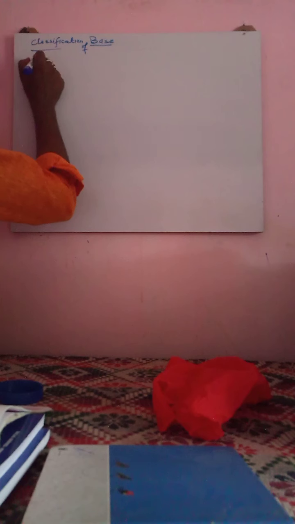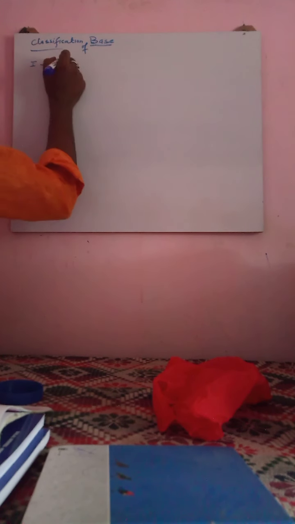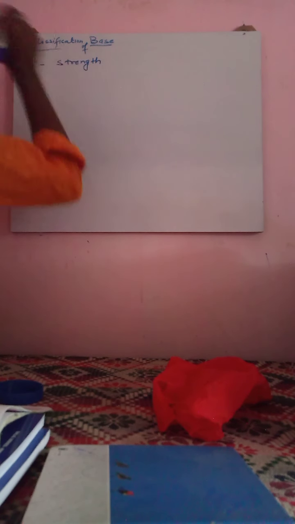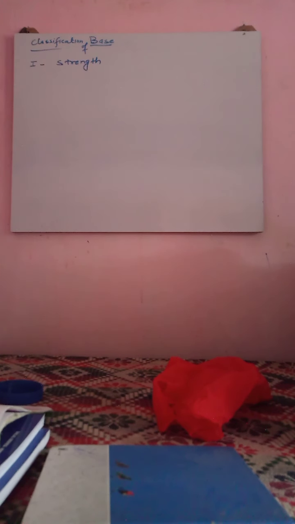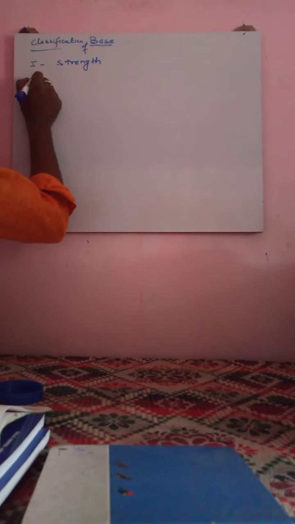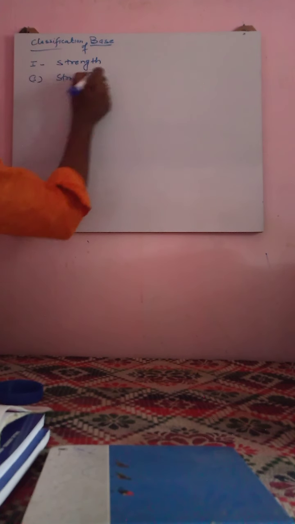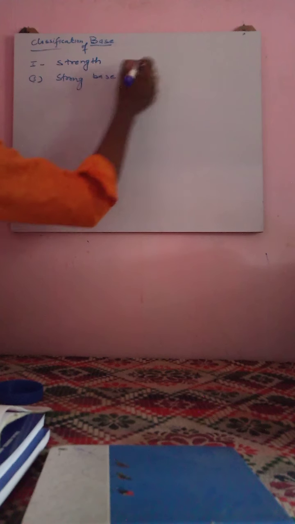So let's see the aspects which classify base. The first aspect to classify base is strength, right? On the basis of strength, bases are classified as strong base and weak base.